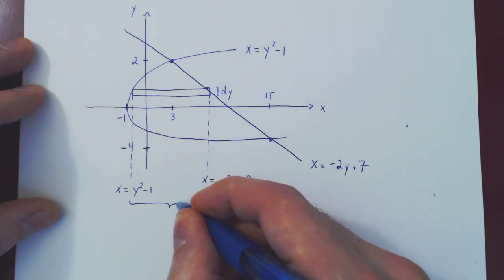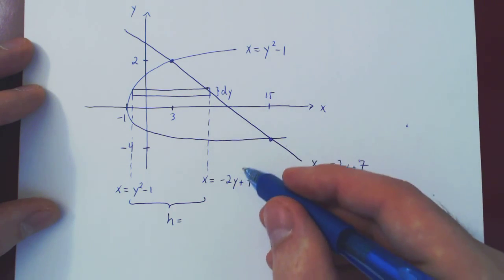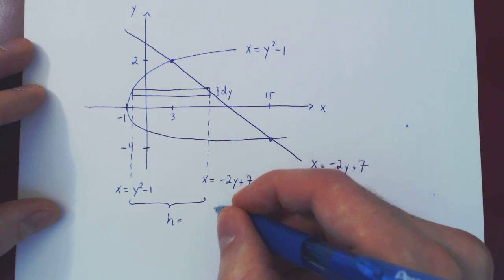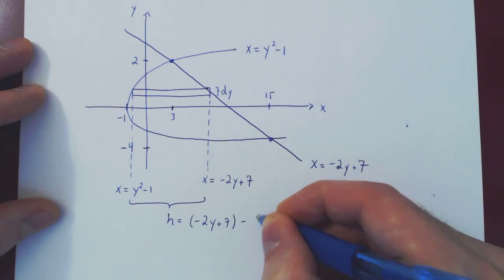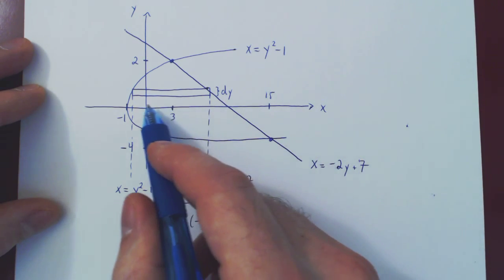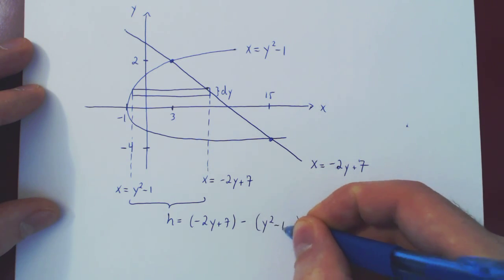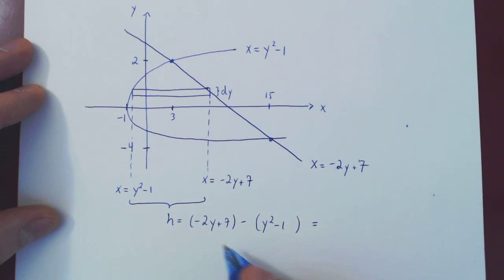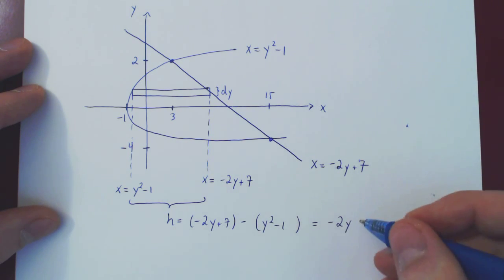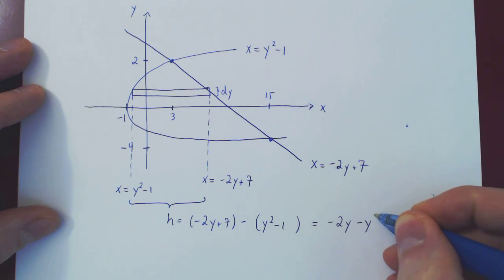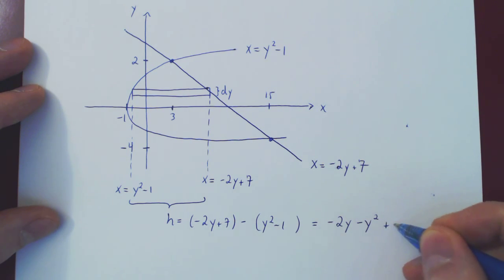And so the length of the rectangle is the bigger x value, negative 2y plus 7, minus the smaller x value, which is y squared minus 1. If we simplify, of course, we'll get negative 2y, negative y squared, sorry, and 7 minus negative 1 is 7 plus 1, which is positive 8.